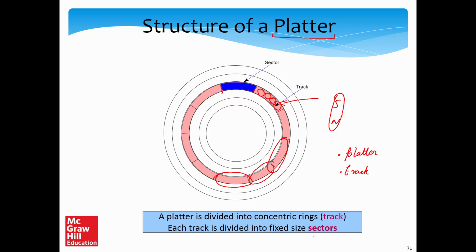And we have defined a sector, which means that a track is divided into fixed-size sectors. Typically in a hard disk, the sector size is constant. One of the common values is 512 bytes. So these are the three terms: a platter, a track, and a sector.